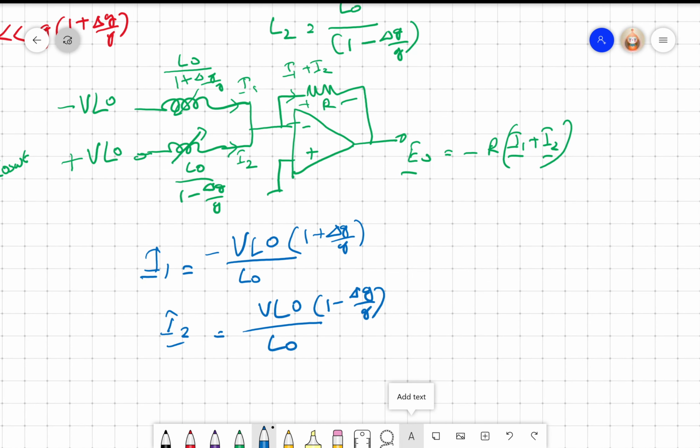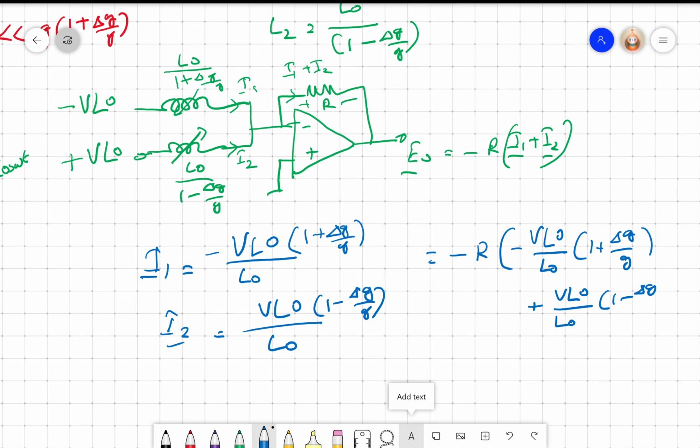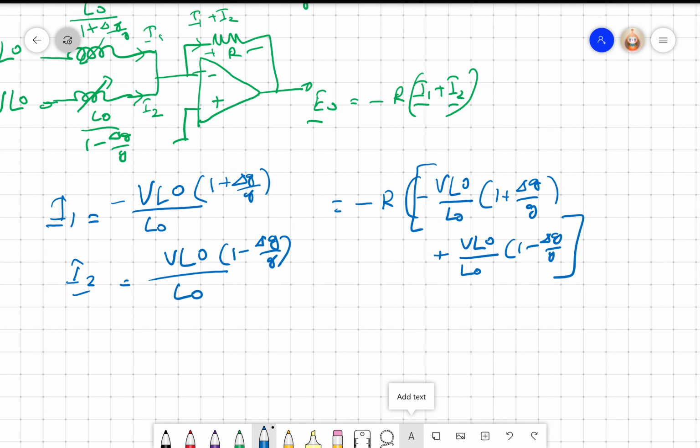So if I substitute here, that would be minus R into minus V angle 0 by L naught into 1 plus delta G by G, and plus V angle 0 by L naught into 1 minus delta G by G.